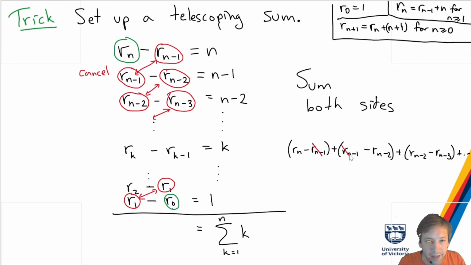So that cancels, and that clicks together the telescope, and you're only left with R_n minus R_0. So R_n minus R_0 is equal to this, which we know what this is, right? If you sum from 1 up to n, we proved this back when we did combinatorial arguments. So this is n times n plus 1 over 2.